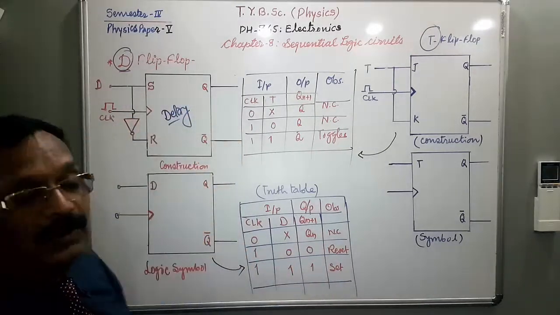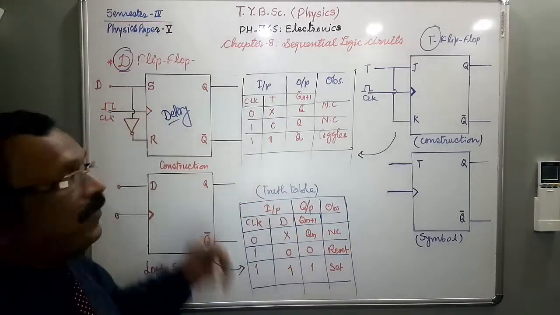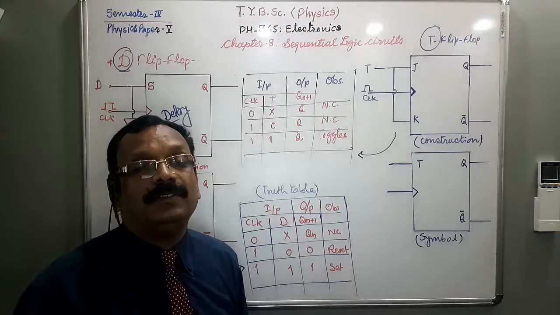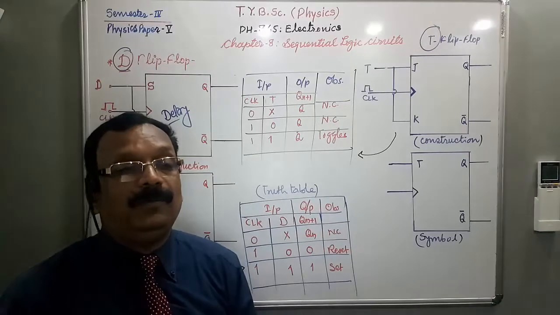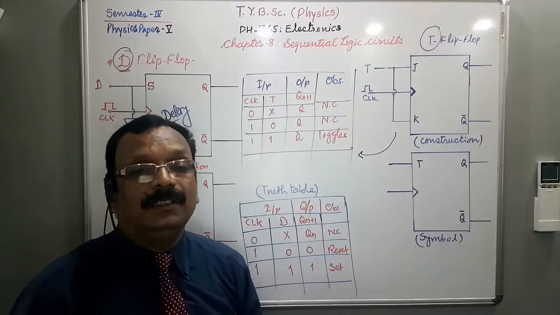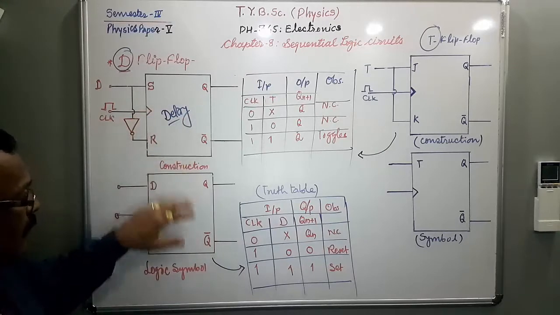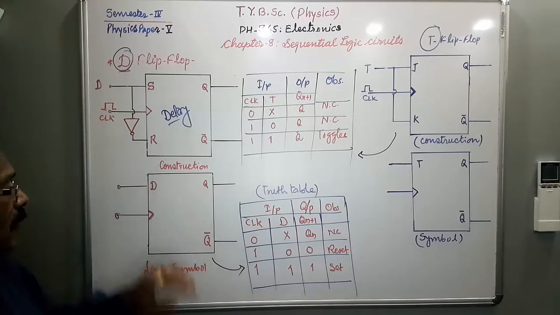This figure illustrates the modification of RS flip-flop into D flip-flop or delay flip-flop. This figure is the construction, and this figure illustrates the symbol of D flip-flop.